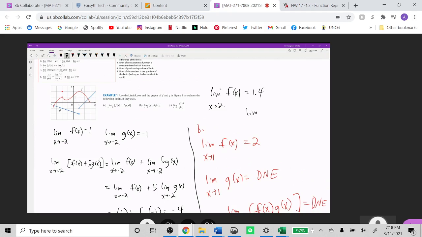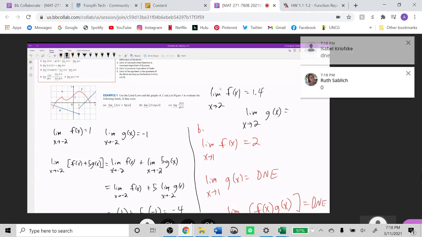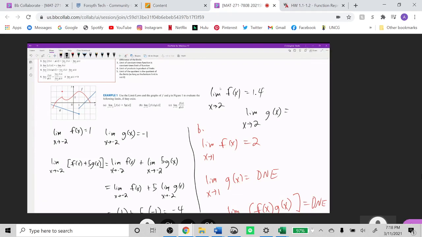The limit of g of x as x approaches 2 is what? It does exist. It's just equal to 0.